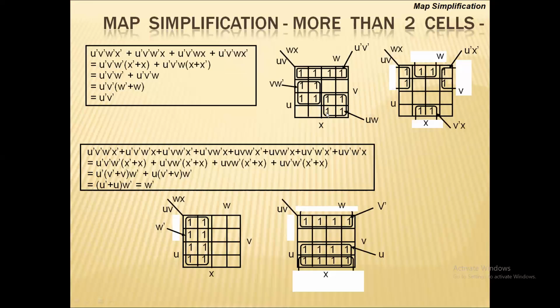This is also a horizontal quad. You can have an octal like this. So these are all the different forms of pairing: dual, quad, octal. The more pairing you can do, the more simplified the expression will eventually be, which is actually our prime target, to pair the most.